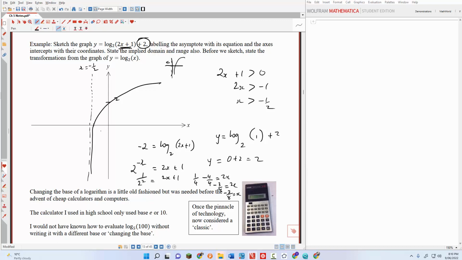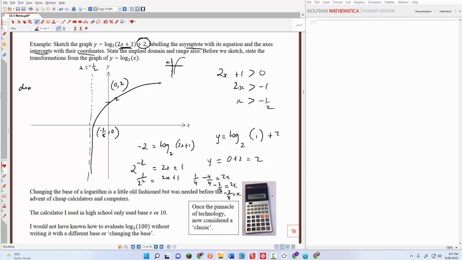Alright, so key features time. So when x is negative 3/8, the y value is 0, and when the x value is 0, the y value is 2. Alrighty, labelling the asymptote with its equation, x-axis intercept and y-axis intercept with coordinates, state the implied domain and range.